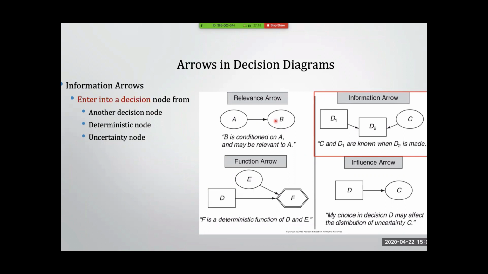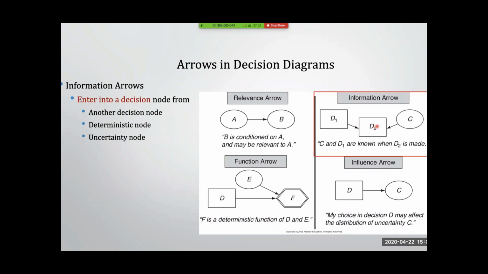The next type of arrow is called information arrow. Information arrow is determined by the destination of it. As long as you have an arrow that is entering into a decision node, then you would have an information arrow. It could be coming from another decision node, just like over here. This arrow comes from another decision node, but it enters into another decision node. So this arrow would be an information arrow.